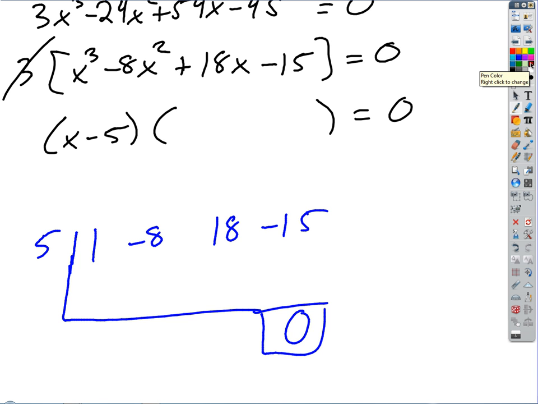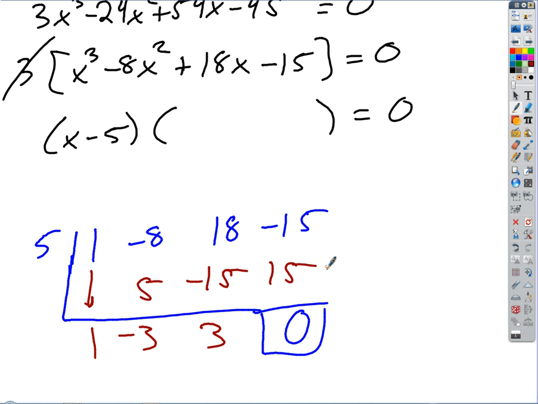Bring the 1 down, times 5, plus -8 is -3, times 5 is -15, plus 3, 15, and it works. So these are the coefficients of my other factor. That's what we've accomplished.